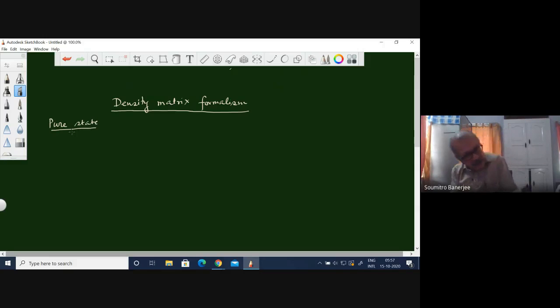Pure state means, again, let me clarify, that it need not be just an eigenstate. A pure state means where I know the state. It can be a linear combination of the states.